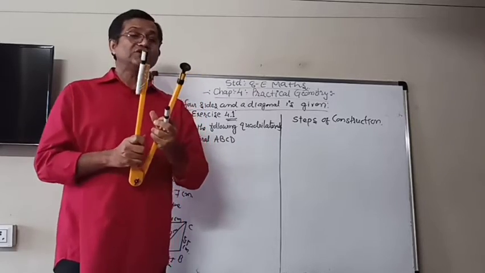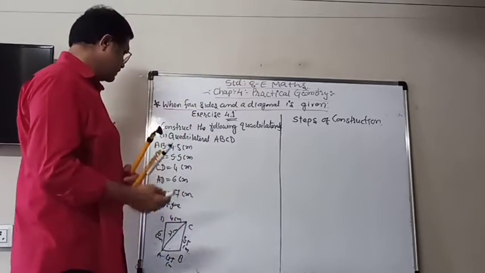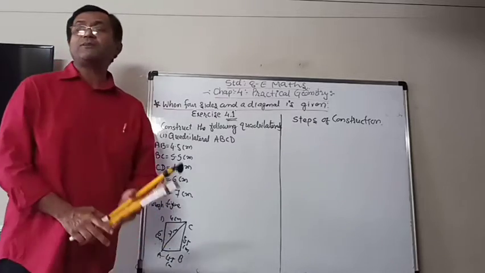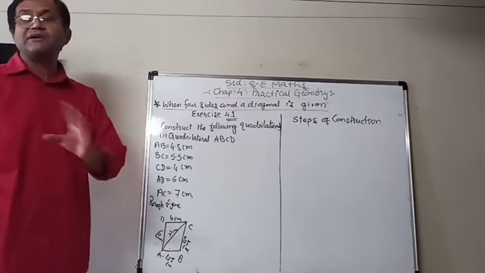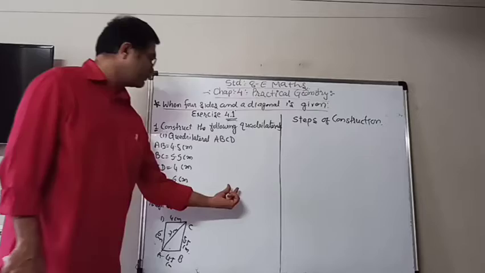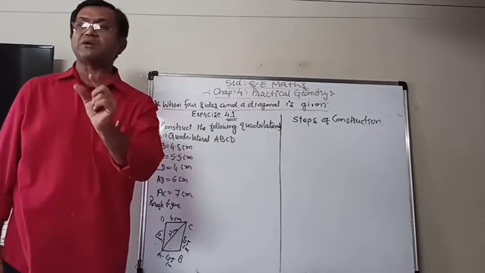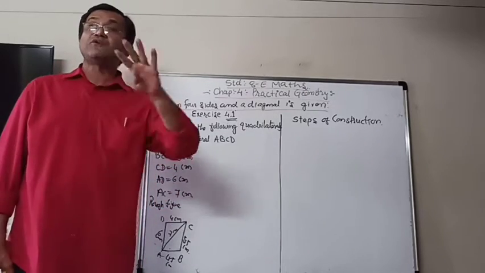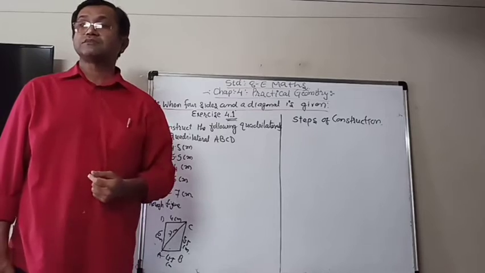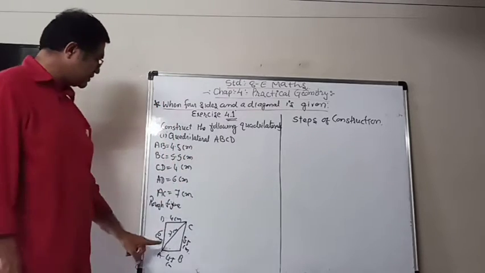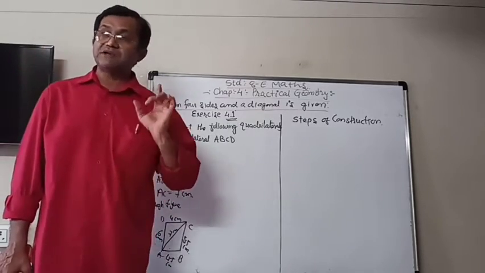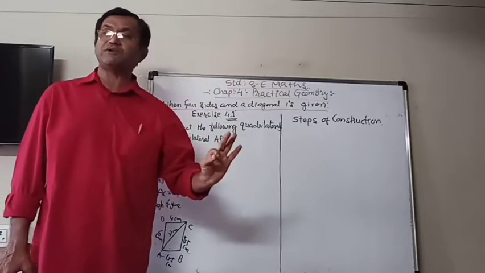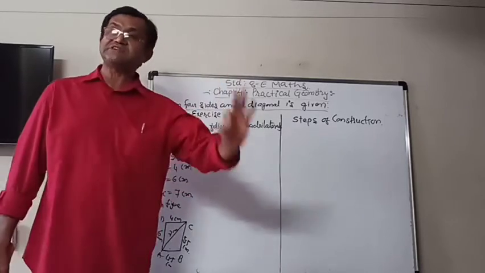Now first of all, if I take 4.5 centimeter, it will not be visible for you, because 4.5 centimeter will be only small. So I am taking 4 times bigger. You have to take exactly whatever is given: 4.5 centimeter, 4.5 centimeter, 6 centimeter, 6 centimeter.